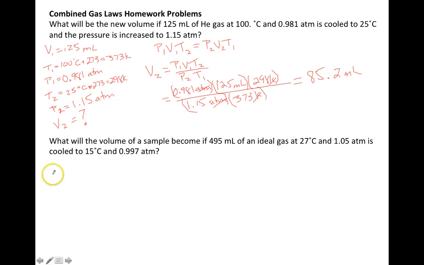Now let's go on to the second one here. And this time we have what will be the volume. So again, V2 is going to be our unknown. V1 is 495 milliliters. And it's an ideal gas at 27 degrees temperature.